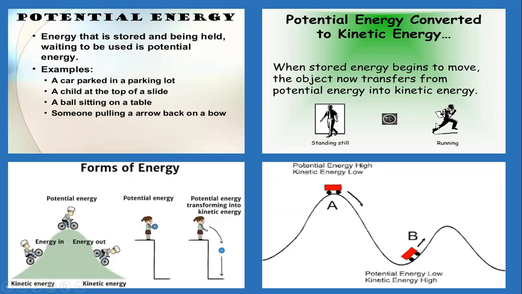When they start moving or running, the potential energy already stored in the body changes. When you eat food, the energy stored in your body is potential energy. And when you are running, this potential energy is changing into kinetic. Look, he is moving, it means moving energy, and the name of moving energy is kinetic energy.